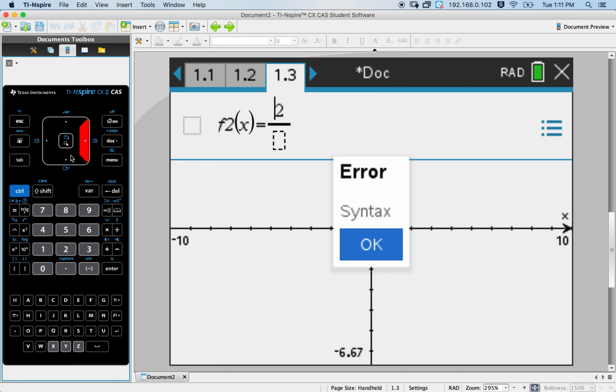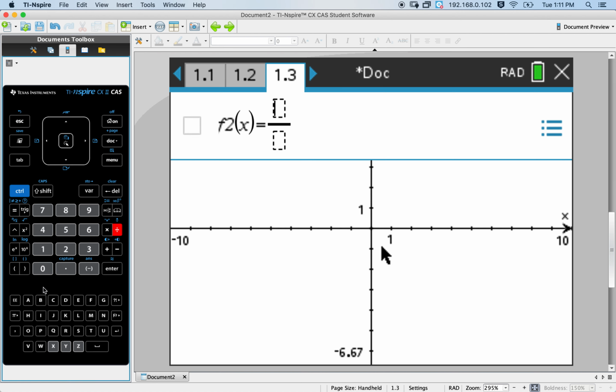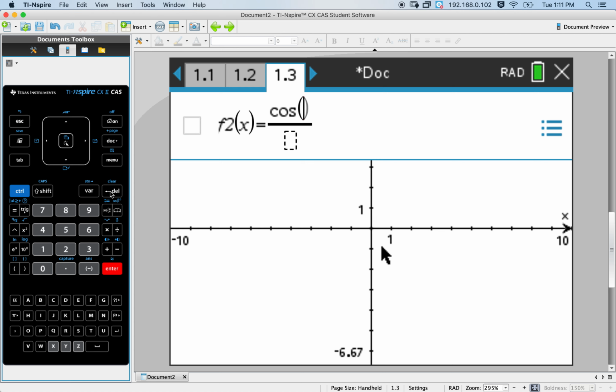Oh, okay, got it. I made an error. Okay, let me try again. Fraction bar. Now your sine function is going to be where the trig button is. So you're going to do trig, sine. Let me try for a third time. Trig.